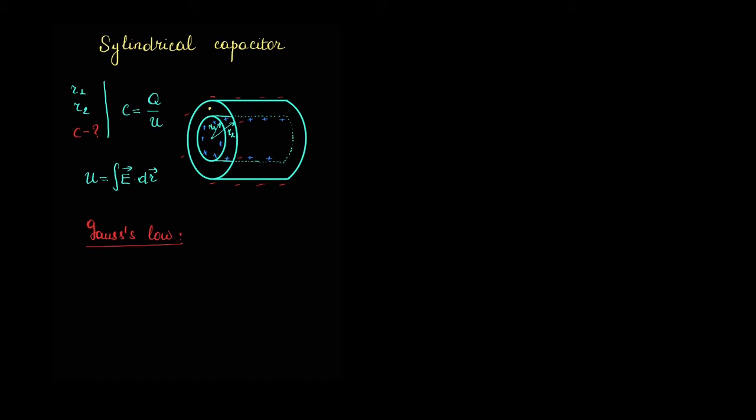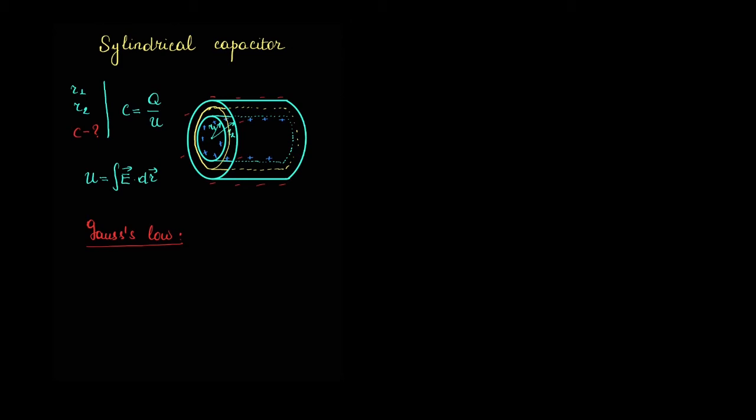Since this capacitor has cylindrical symmetry, we can choose our Gaussian surface in the shape of a cylinder, in this form. On the curved surface, the electric field strength has the same magnitude at any point.